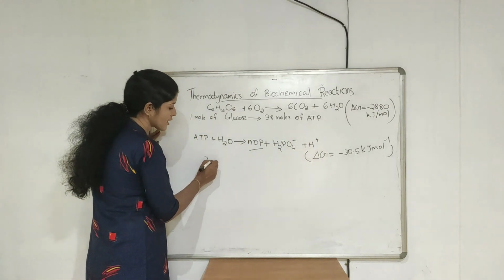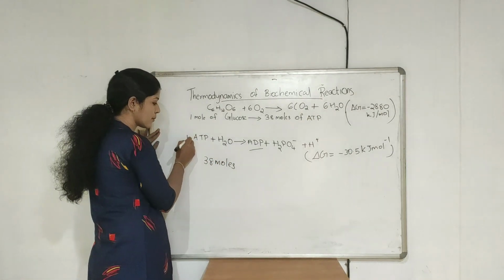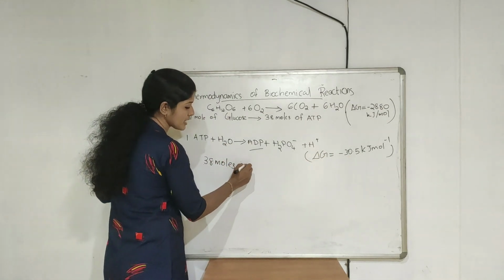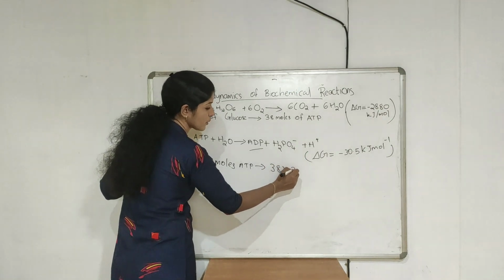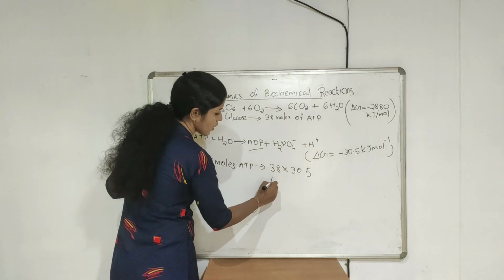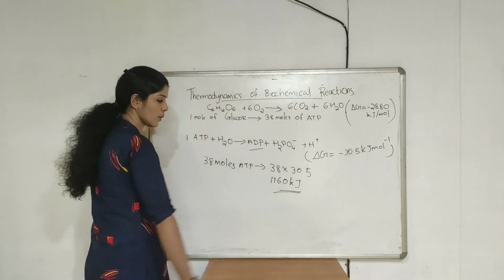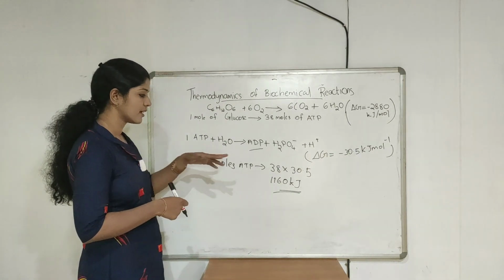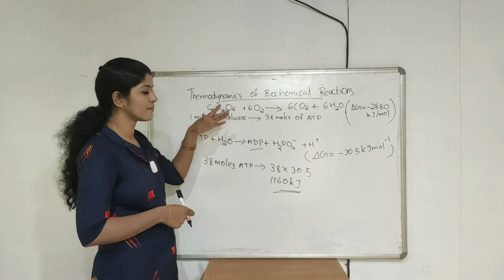So from 38 moles of ATP, we will get 38 into 30.5 kilojoules of energy, and that is 1160 kilojoules.